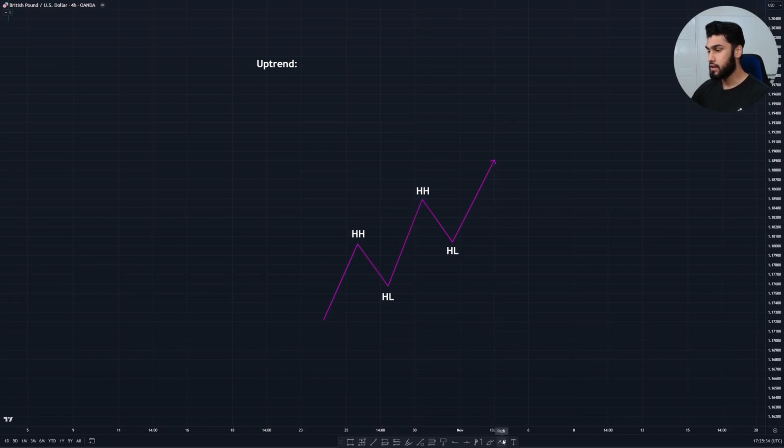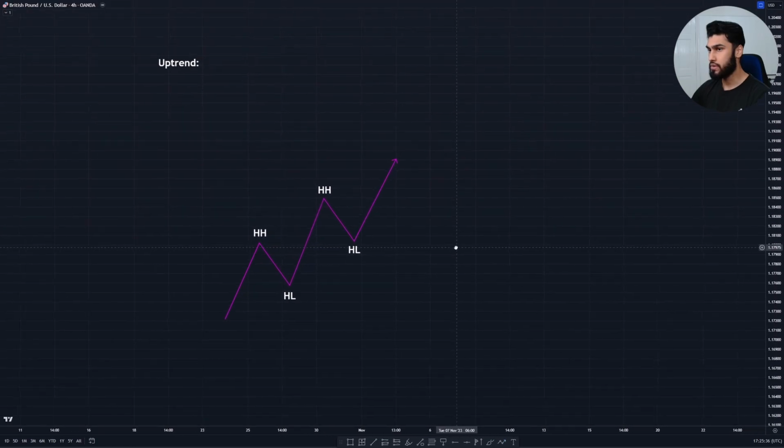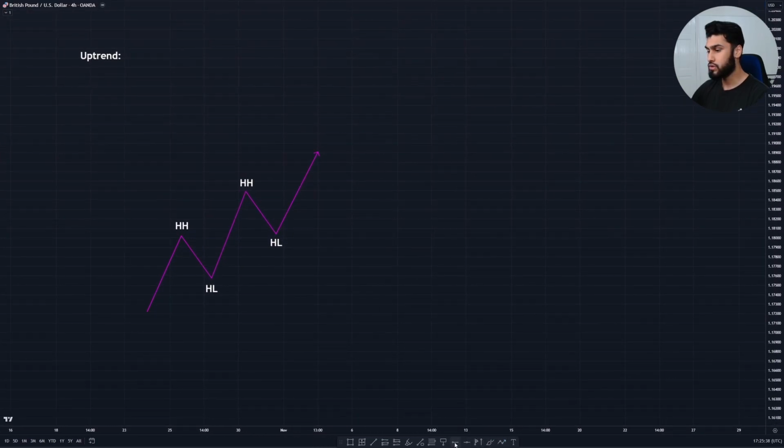And similarly, for a downtrend, it's going to be the complete opposite, where you have lower lows and lower highs being created. So if we copy and paste this over here, with the downtrend you have the same thing, but flipped the other way around, where you're creating lower lows and lower highs as such.